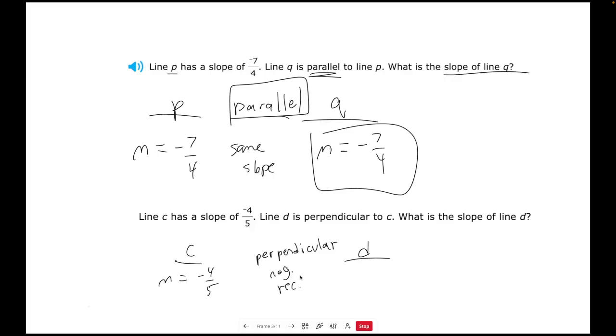Let me fix that real quick. Okay. Negative reciprocal. The negative reciprocal of negative 4/5, we flip it and make it opposite, so that becomes positive 5/4, and that's our answer.